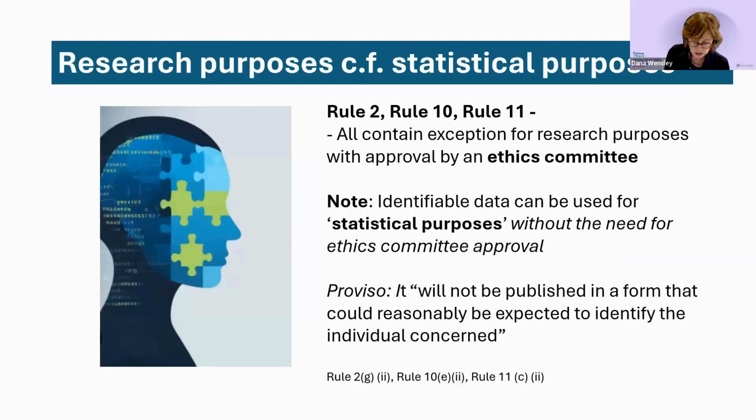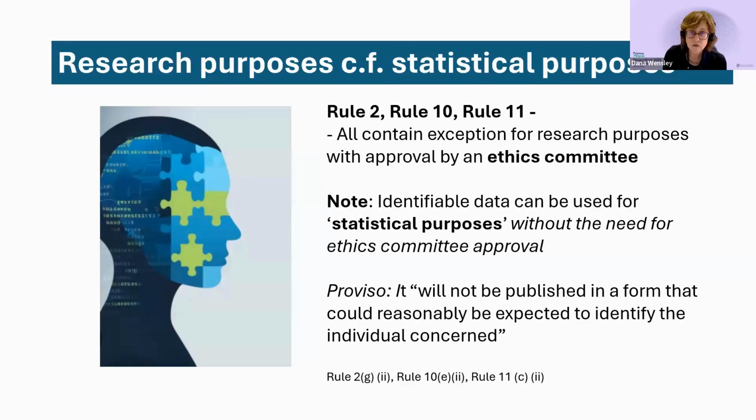Now, I want to look here at something that's often overlooked, which is just the distinction between using data for statistical purposes and using it for research. Note there is a section in the Health Information Privacy Code relating to using data for statistical purposes that does not involve ethics committees in terms of oversight.